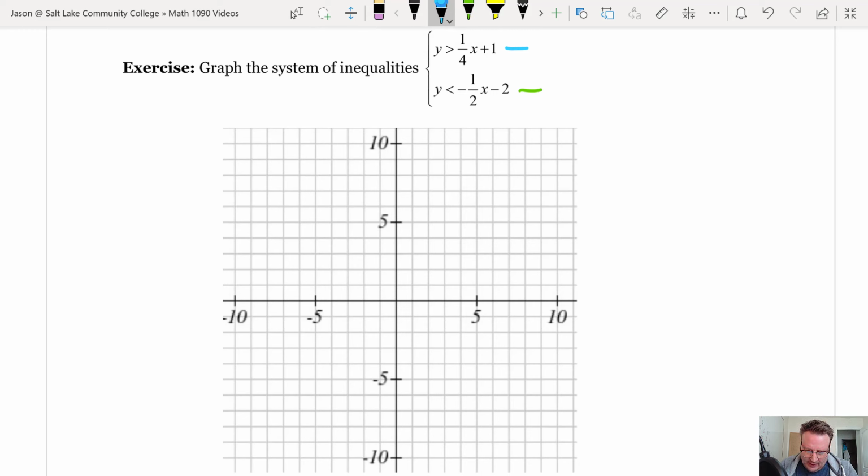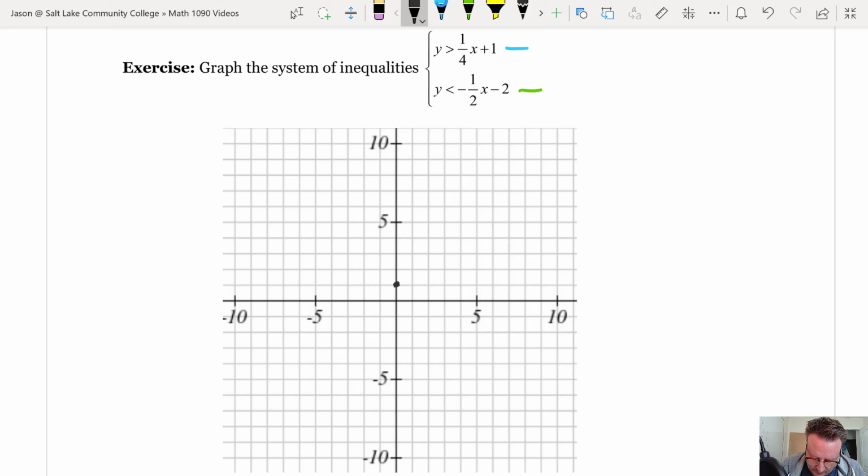Okay, so the line that corresponds with the first inequality would be the line y equals 1/4 x plus 1. So that has a y-intercept here at 1, 0, 1. And then I'll use the slope again to determine another point that must lie on the line. The slope is 1/4, so that means if I run 4, I rise up 1.